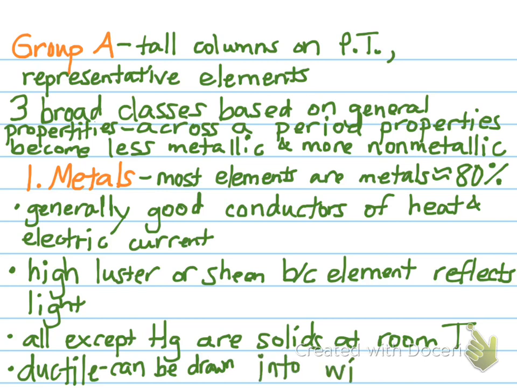Basically all that's saying is that you can have a big chunk of a metal, and you can't do it yourself with your hands, but a machine can pull on the two different ends of that big block of metal, and pull it and pull it and pull it, and it can pull it into a wire. So that's what we mean by being ductile, that a big chunk of these metals can be pulled into a wire, which is the reason why most of the wires that you see are made of metal.